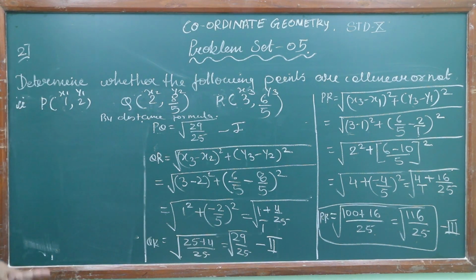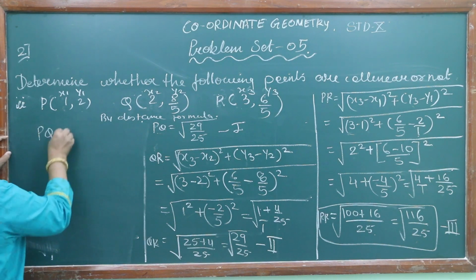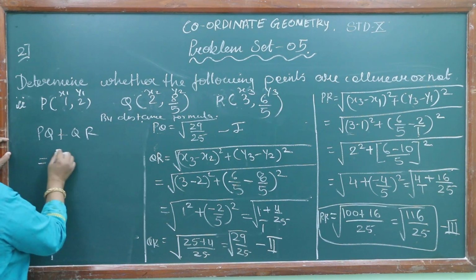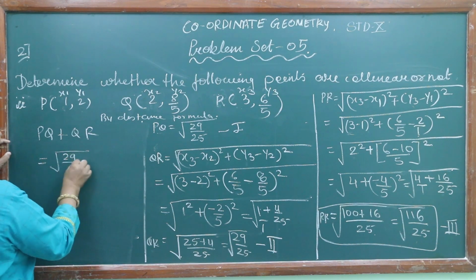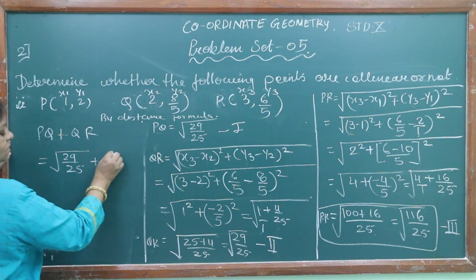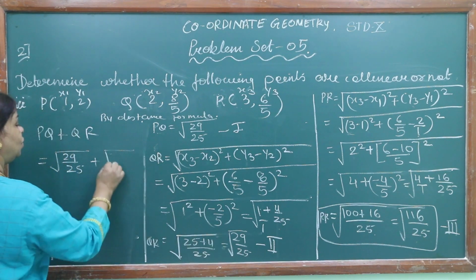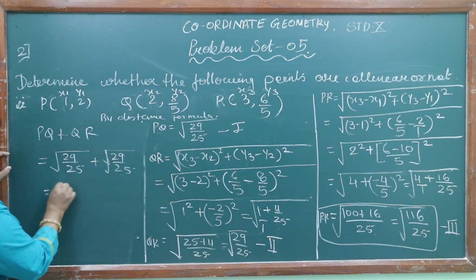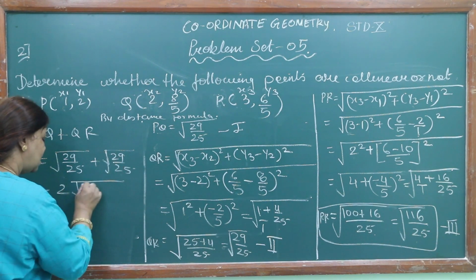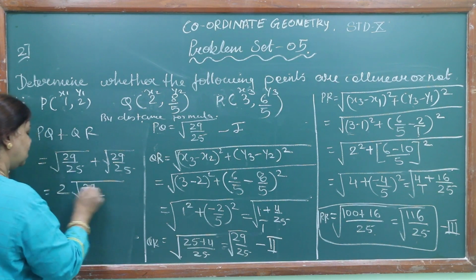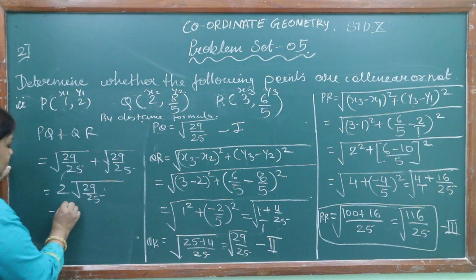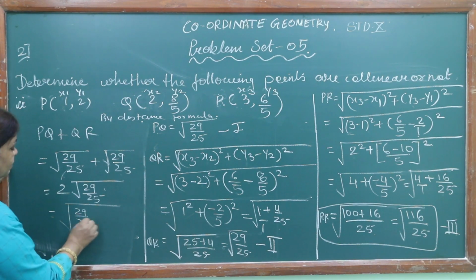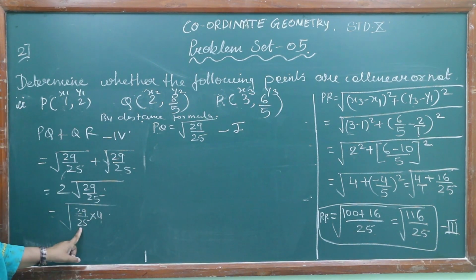So PQ plus QR, let us see what we get. PQ is under root 29 upon 25 plus this is also 29 upon 25, 2 times 29 upon 25. If 2 goes inside, that would be 29 upon 25 into 4.